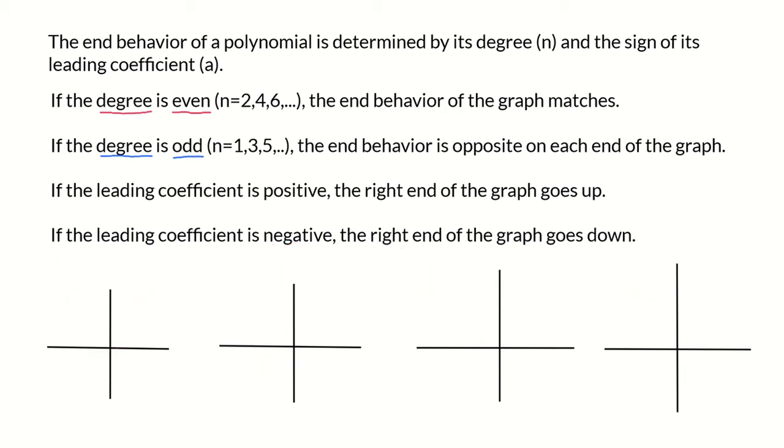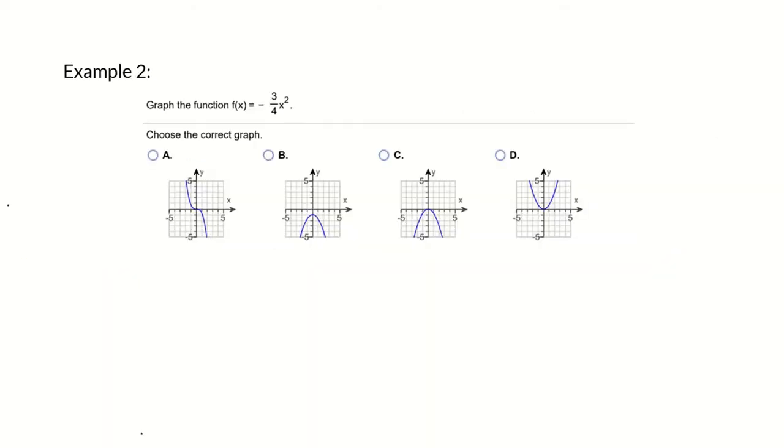So these are the four possible ways that a graph of a polynomial could look based on its degree and the sign of its leading coefficient A. For example, let's graph the function f of x equals -3/4 x squared without using a graphing calculator, and only using that information about lead coefficient and degree.